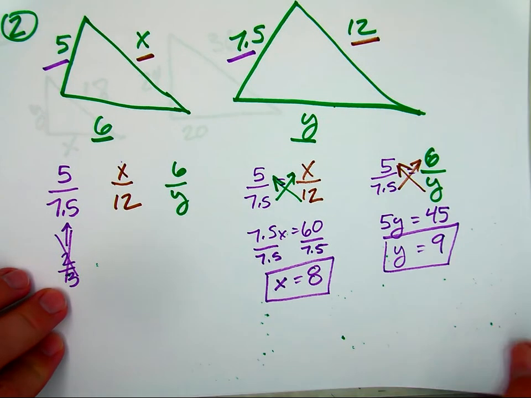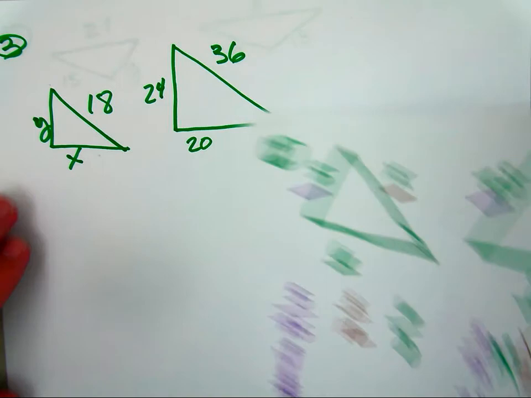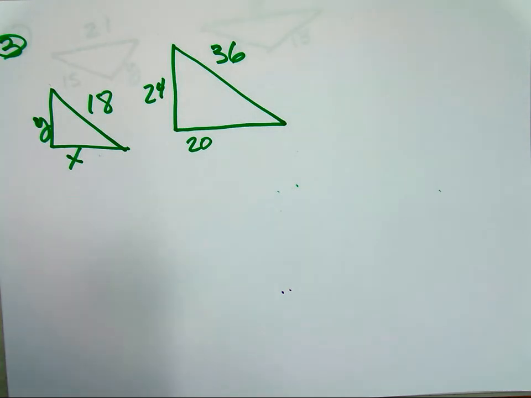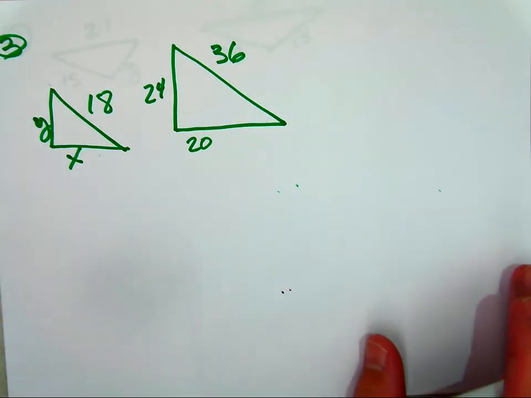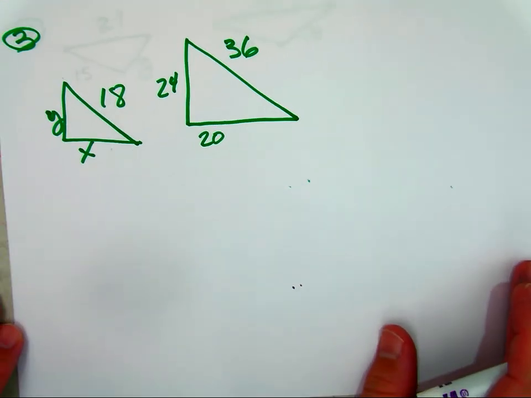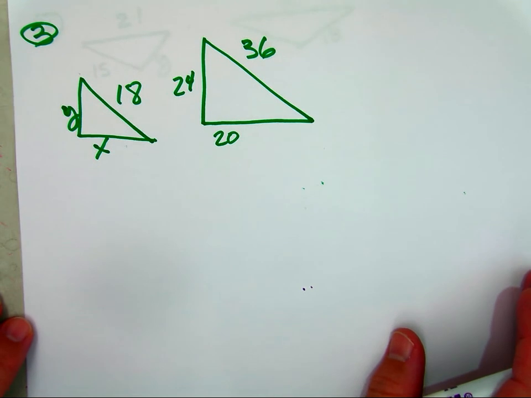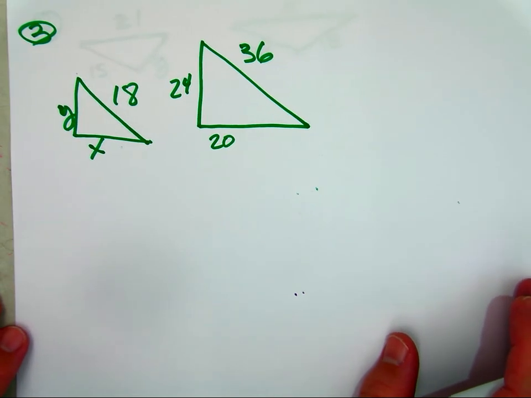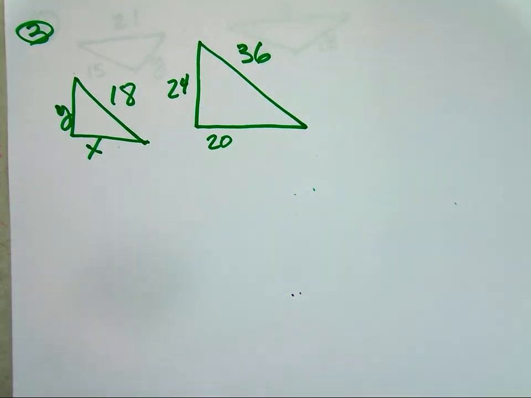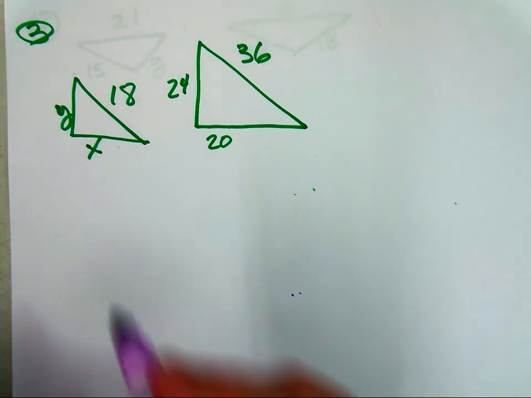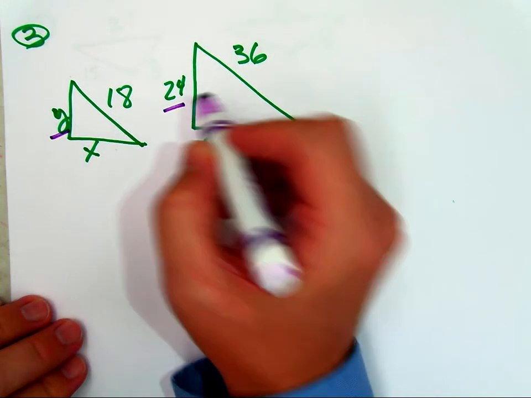All right. Here's one that you should try on your own. Push pause, see if you can figure out what x and y are in this particular example. All right, welcome back. Let's match up all of our pieces. The y goes with the 24.